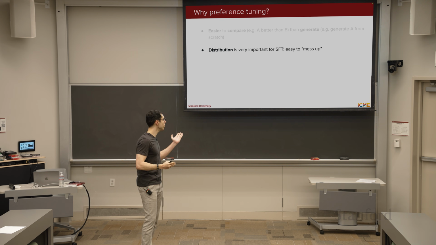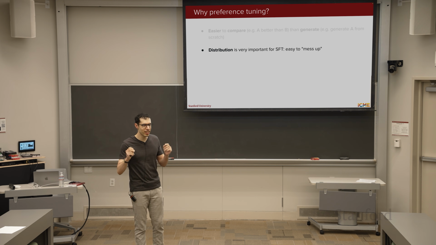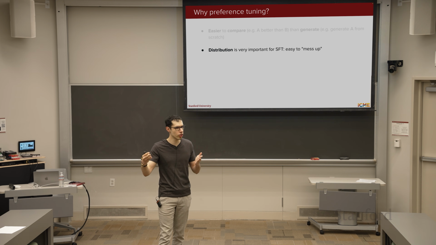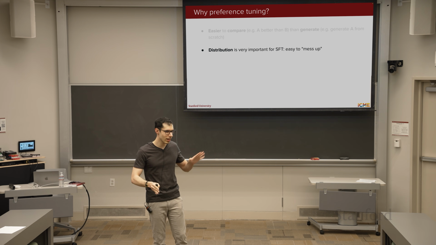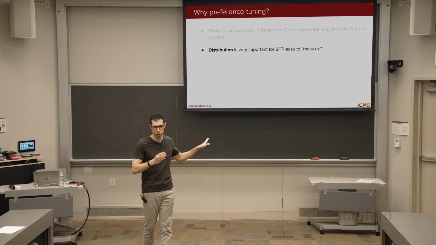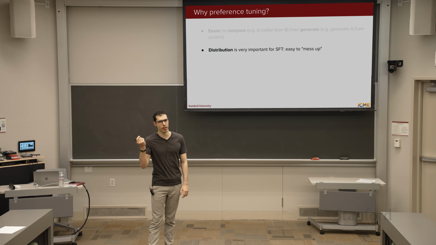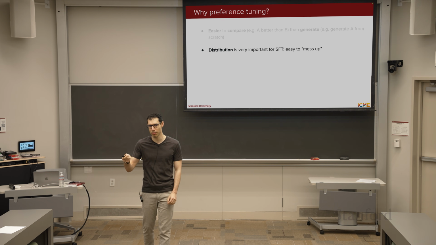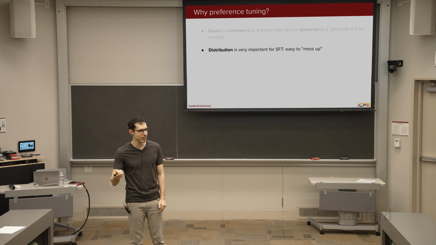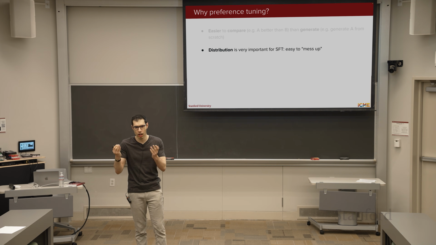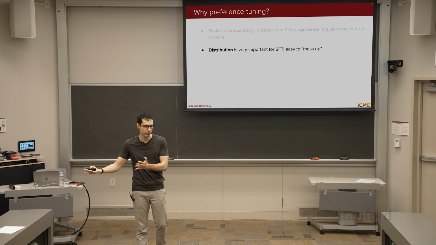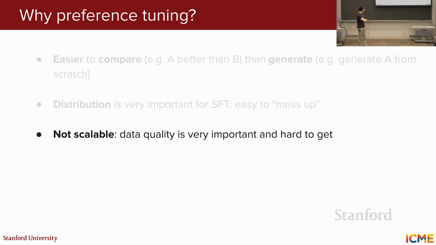So what people try to do is to be careful about the distribution of prompts that are in the SFT data. And so here, let's say if our model misbehaves, if we were thinking about just adding one example in the SFT data set, well, we would have to be very careful about which prompt we're adding and whether it's not going to bias the model too much in that direction. So that's the second reason.